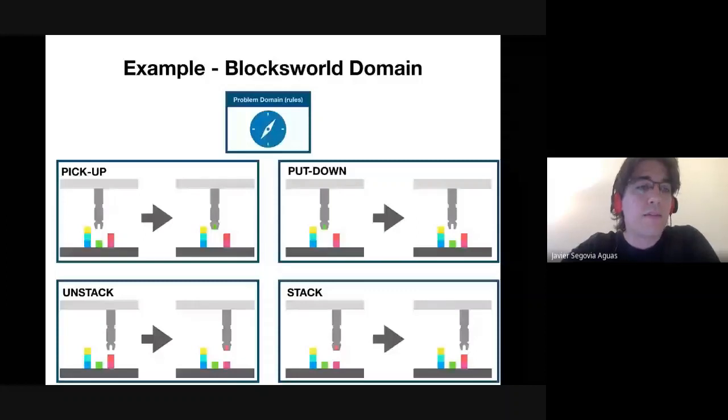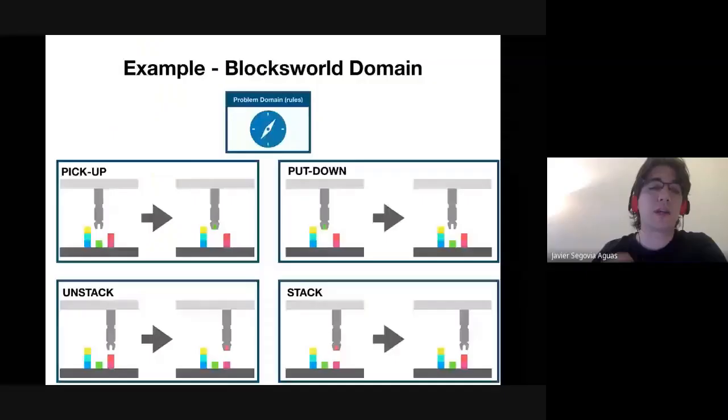In pickup, if you can see the image clearly, we have the gripper with the arm that is empty, and the consequence of applying a pickup over the green block is that the green block is then being grasped by the gripper. And the put down does the opposite.